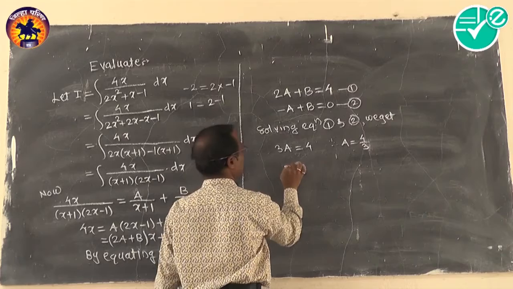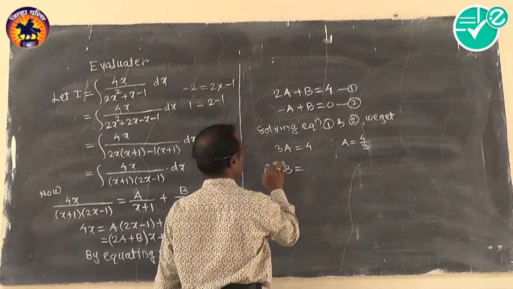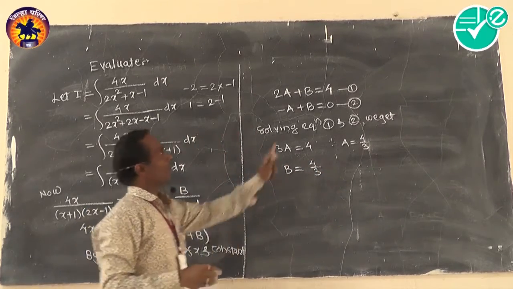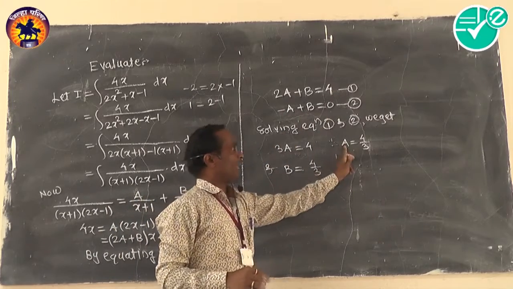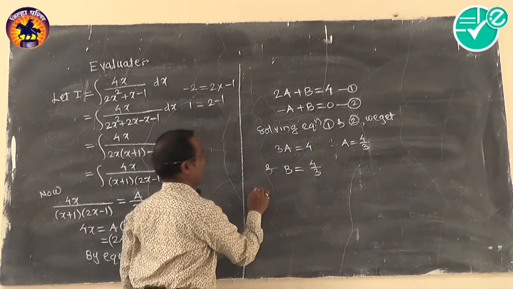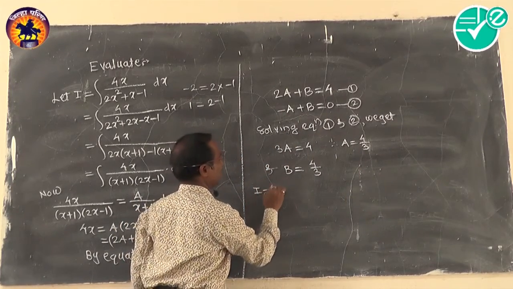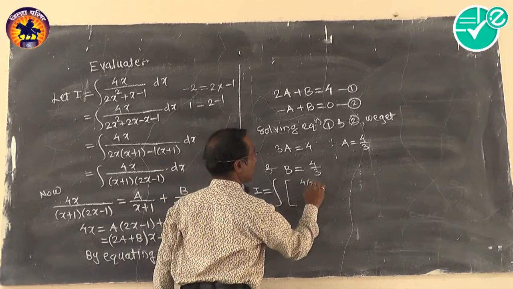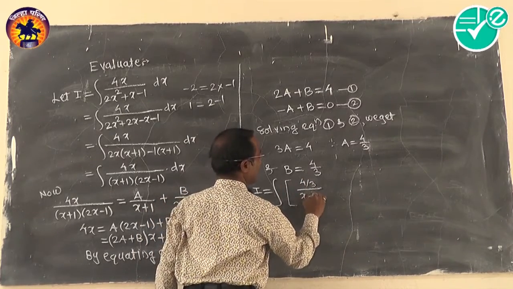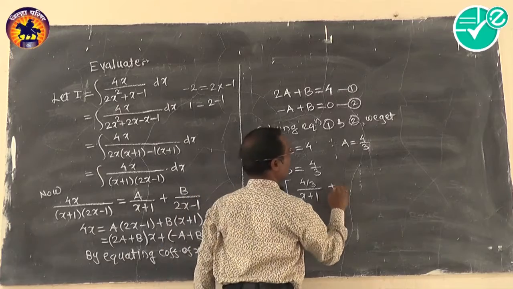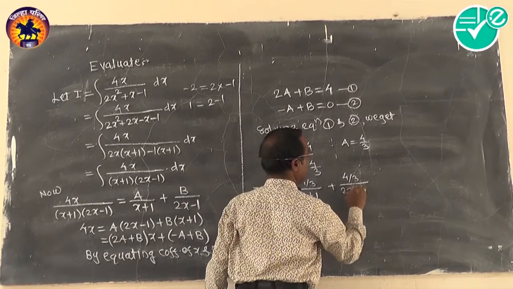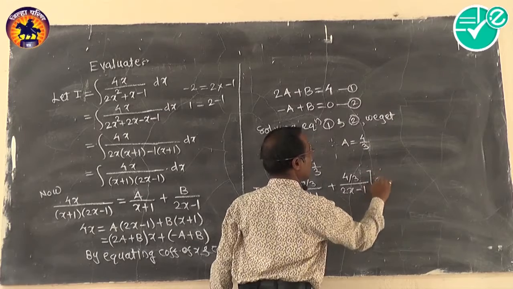Substitute, and B is equal to A, so B is equal to 4 by 3. Therefore I can be written as integral of (4 by 3 upon x plus 1) plus (4 by 3 upon 2x minus 1) dx.